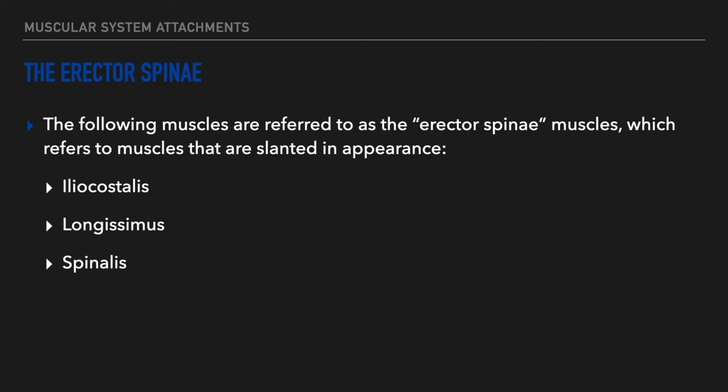And this group is the more lateral of the Erector Spinae. And the Longissimus, which is also a group of muscles on its own, is the more medial of the Erector Spinae. And finally, the Spinalis group of muscles are primarily situated on the spine itself.